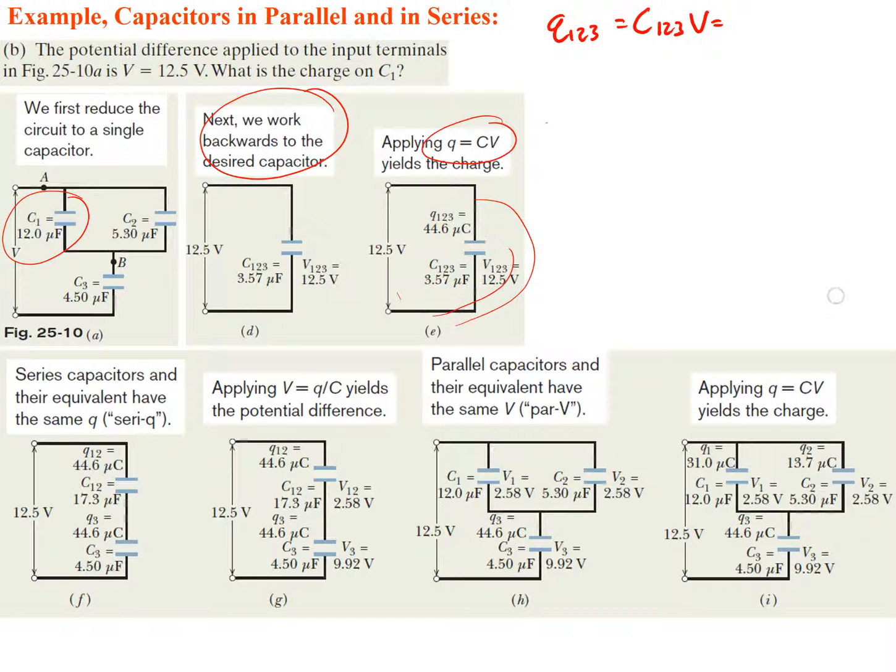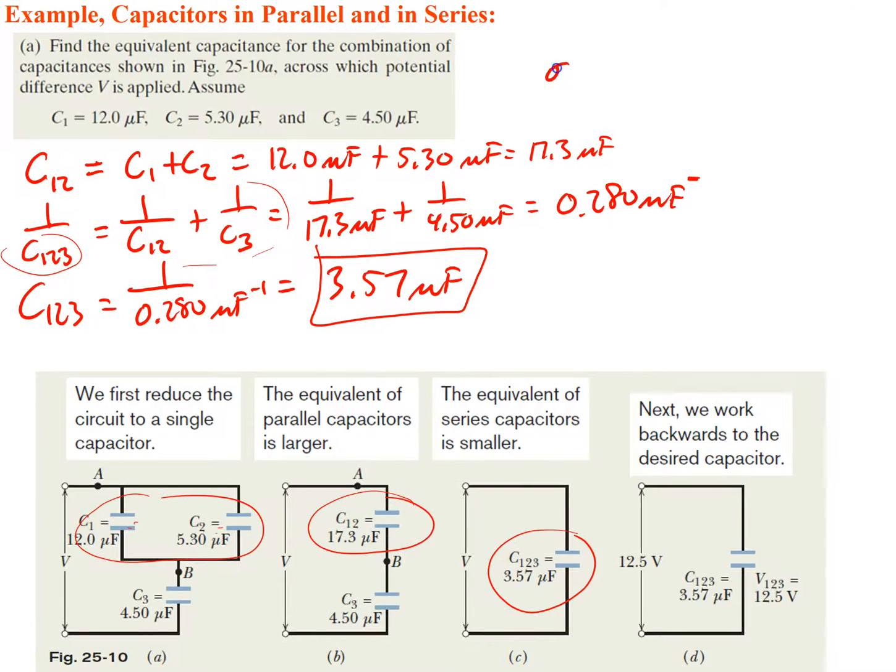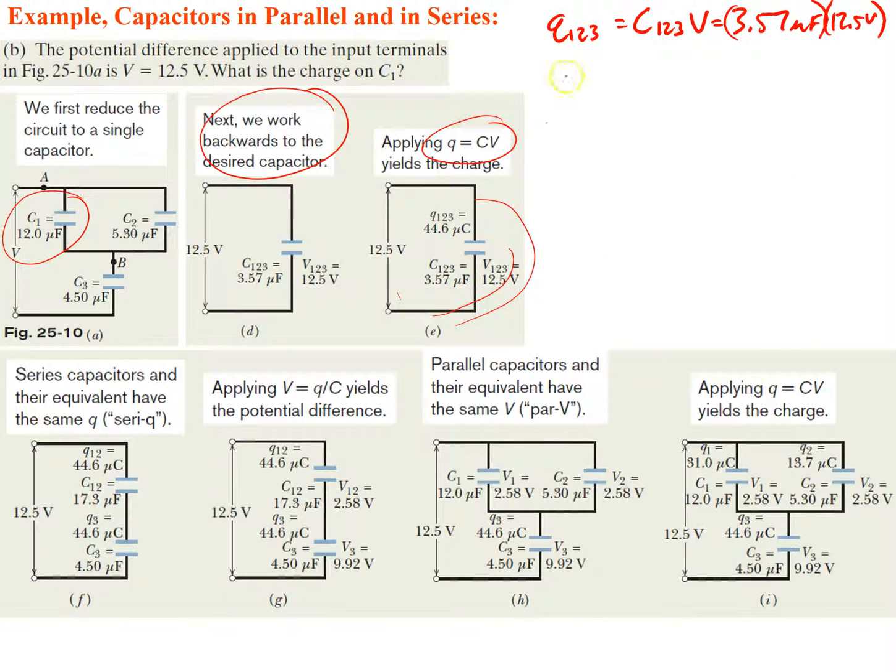That's our result from last time, 3.57 microfarads, multiplied by our voltage, 12.5 volts. So the Q we get, Q123, is equal to 44.6 microcoulombs.